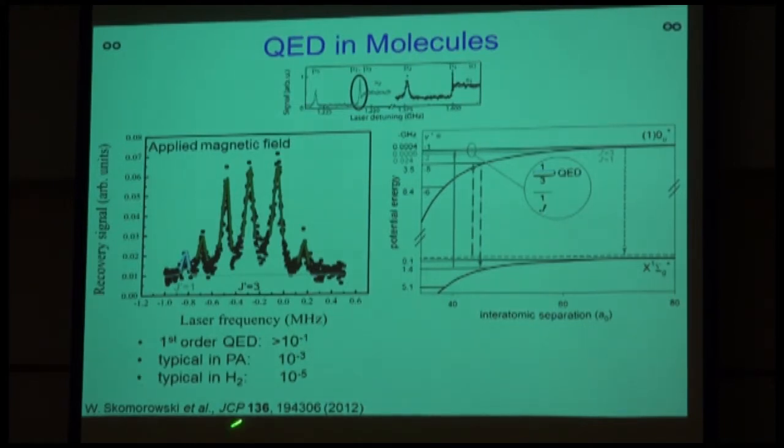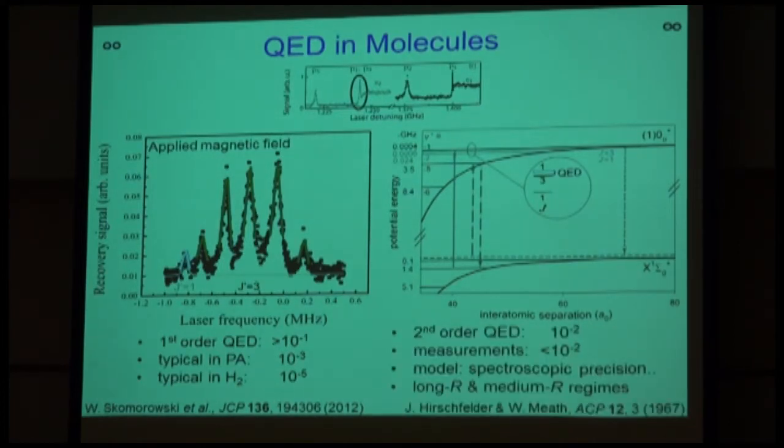And when they say they test QED in molecules, say in hydrogen, it's a slightly different QED effect, but they're at a part in 10 to the 5, so much less sensitive. Moreover, it's estimated that even the next order QED effects are at a part in 10 to the 2, which is also very large. In fact, our measurements already exceed 10 to the 2. So I think we can do a nice job testing QED in this system.